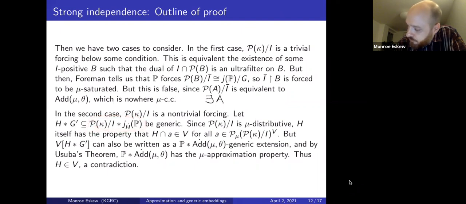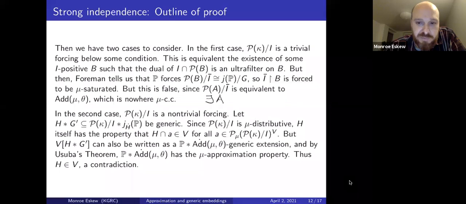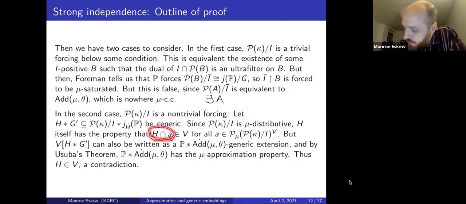Since this is distributive, the generic H itself has the property that H intersect a, little a, is in V for all a in the P mu of this forcing from V, because this would also be a small set, a set of size less than mu, and the forcing doesn't add any of those.